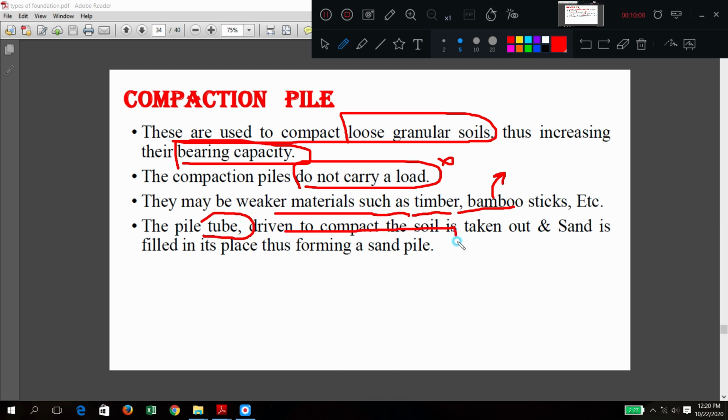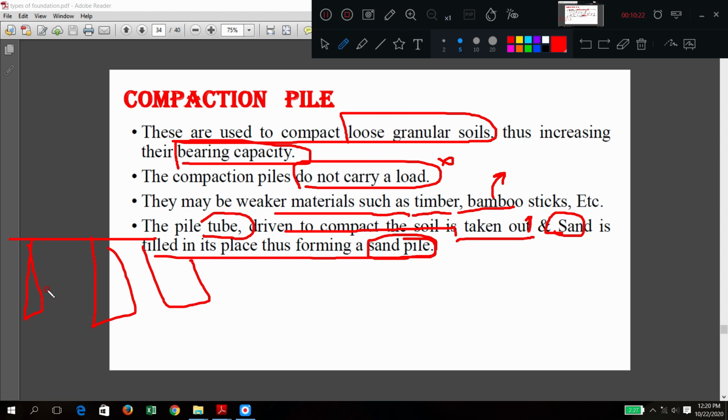So this tube is driven to compact, and again it is taken out, and whatever gap is left now is filled with some sand. It is filled with sand. What is happening here? First they are drilling. So like this they are continuously drilling. So in the drilling procedure, compaction is happening.